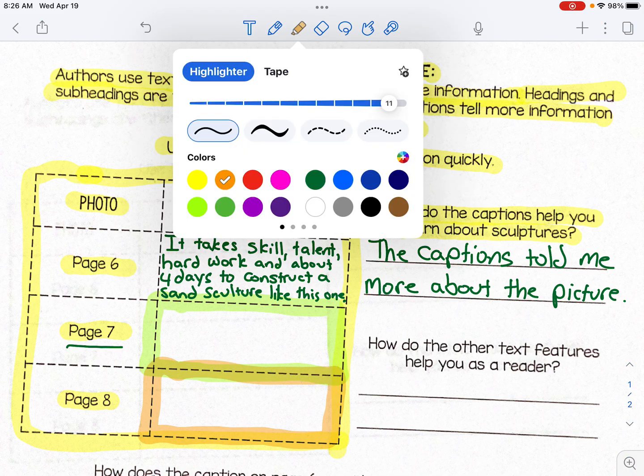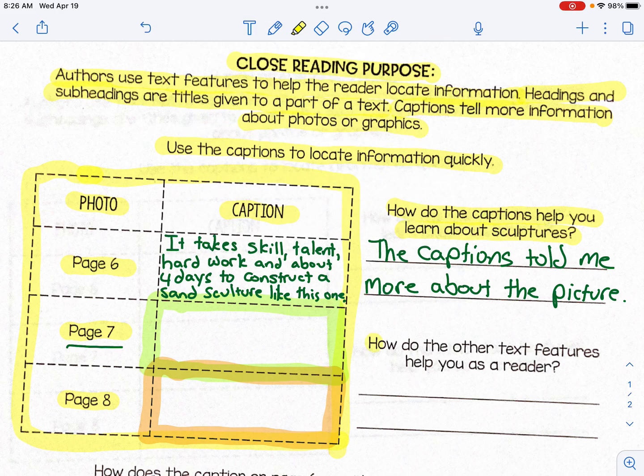And then let's look at the last question. It says, how do the other text features help you as a reader? So, what are some of the text features we see? We see pictures, right? Do we have headings and subheadings? No, we don't.